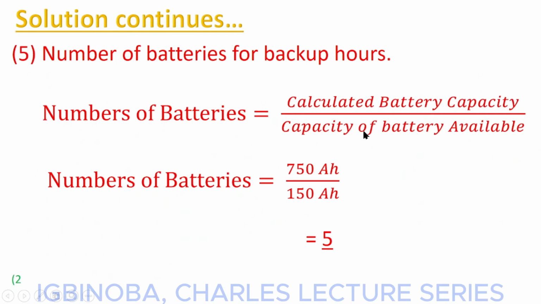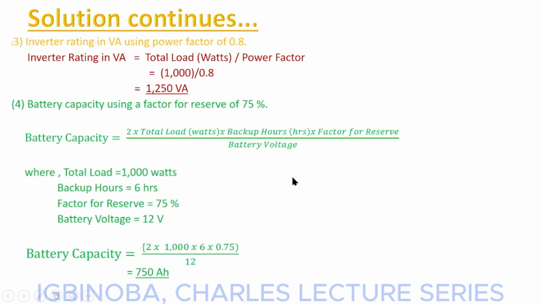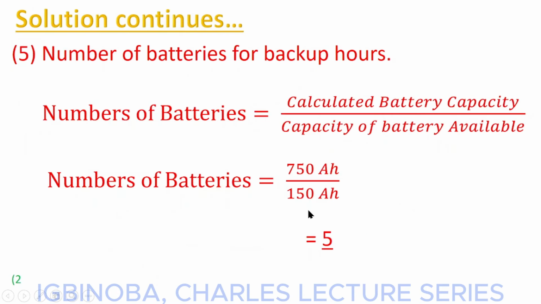So we take the calculated battery capacity, which we calculated as 750, and divide it by the available capacity, which is 150 amp hour, and the result gives us 5 batteries. So the number of batteries we need to achieve that particular result is 5 batteries.